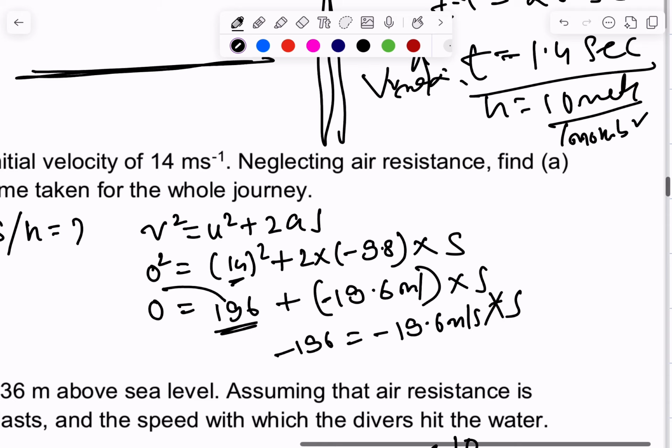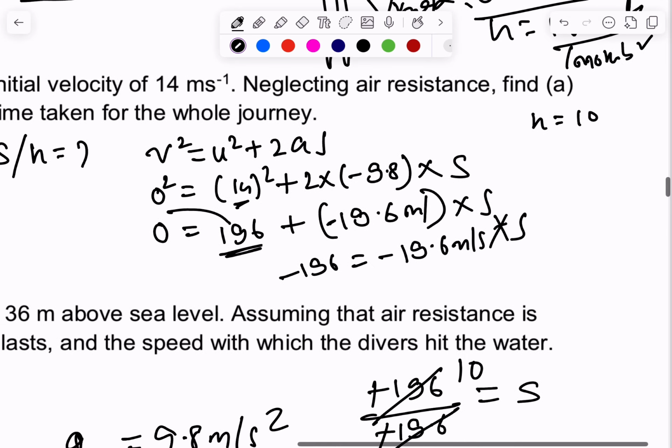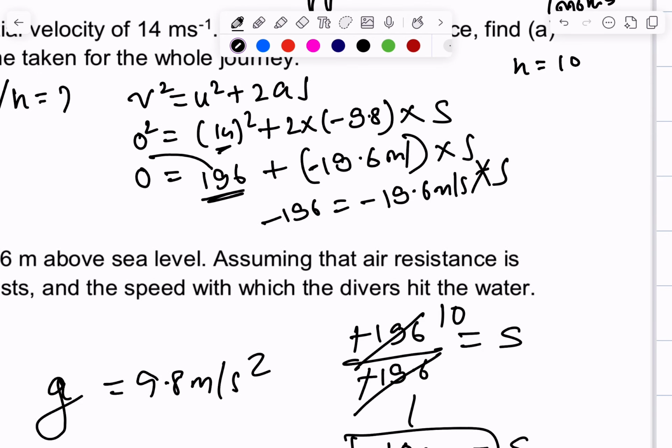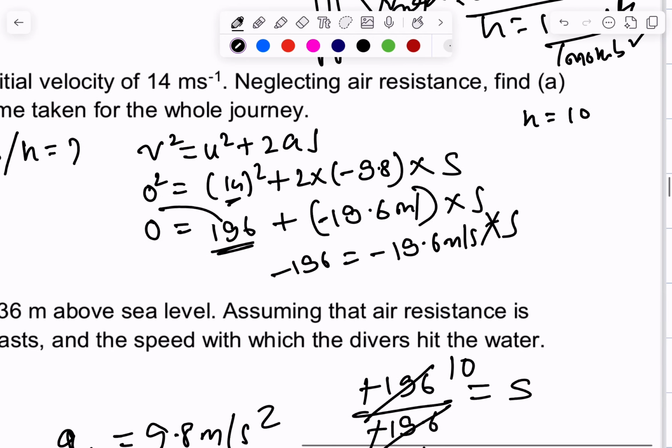And now we know that height is 10. So we can easily find what we have to find, the time taken. Yeah, so let's find the time. We have the formula again, v equals u plus at. Final velocity will be 0, initial velocity was 14, acceleration is minus 9.8 into t.